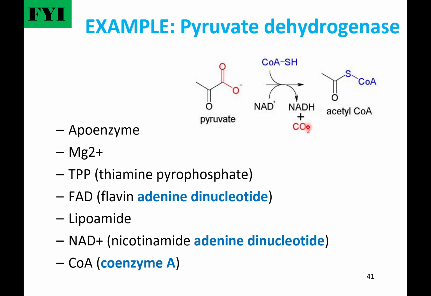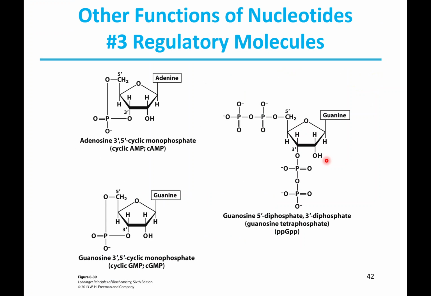Okay, it gives off CO2. And then if it's going to keep doing that reaction, it needs the NAD to be converted back to NAD+, and that's where it uses the FAD. The FAD will take electrons from NADH and then transfer those electrons to the main respiratory chain. Okay, so that's just a little preview of metabolism there.